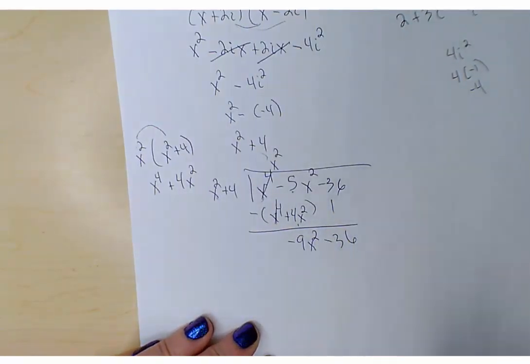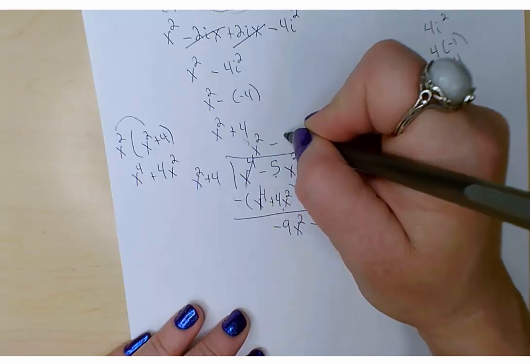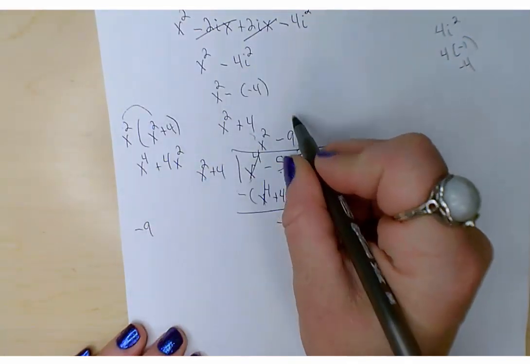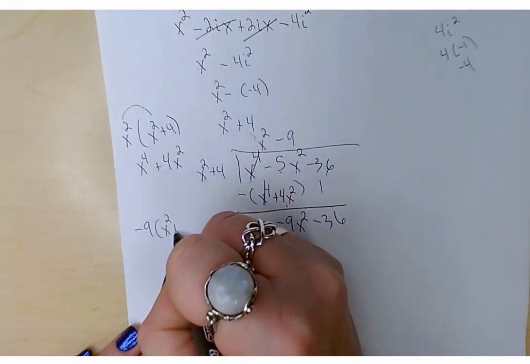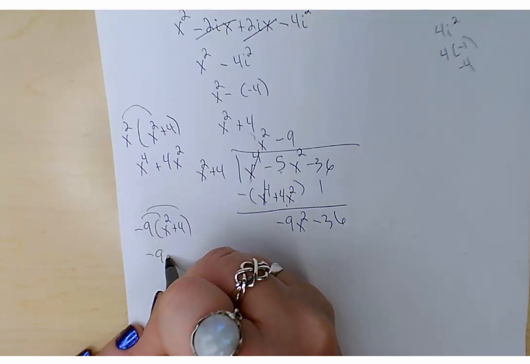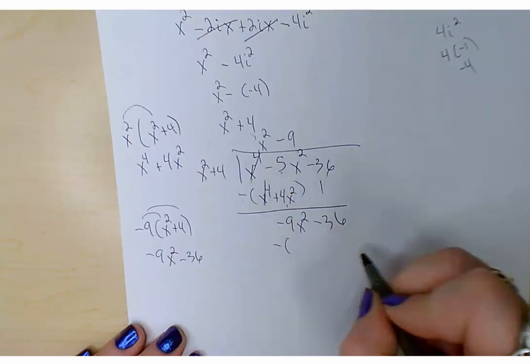Drop down that minus 36 and divide again. X squared goes into negative 9x squared minus 9 amount of times. I'm going to take that minus 9, multiply it by my divisor, x squared plus 4. Distribute this. When we do so, we get negative 9x squared minus 36.